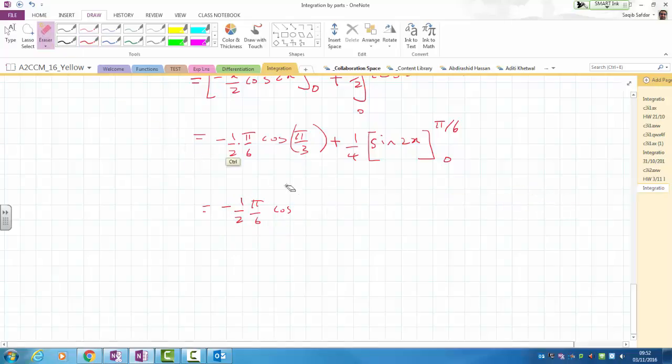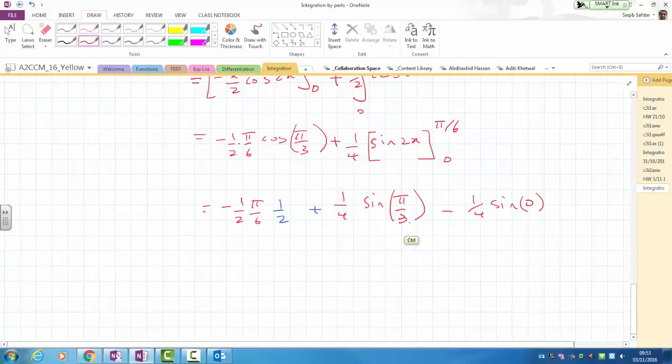We know the cos of pi over 3 is simply equal to a half, plus 1 over 4 sine of 2 pi over 6, which is simply sine pi over 3, take away 1 over 4 sine 0, which we know is just 0.